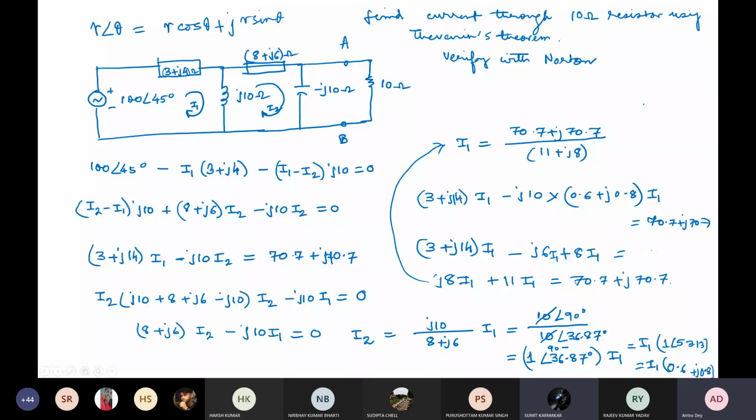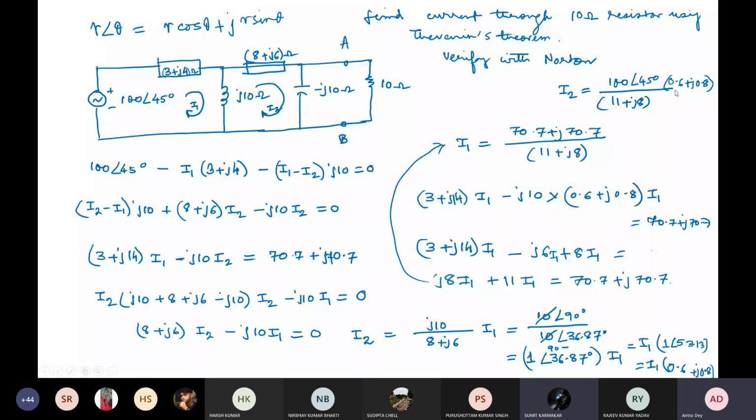I2 is equal to 70.7 written as 100 angle 45 degree divided by 11 plus j8, and that should be multiplied with 0.6 plus j0.8.